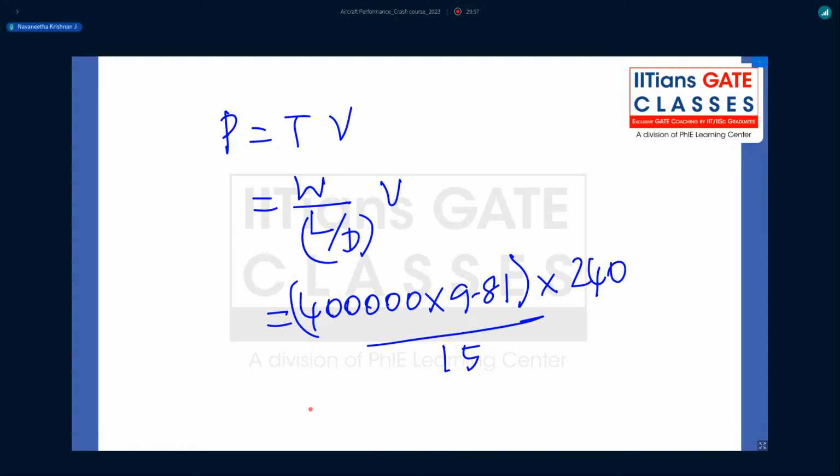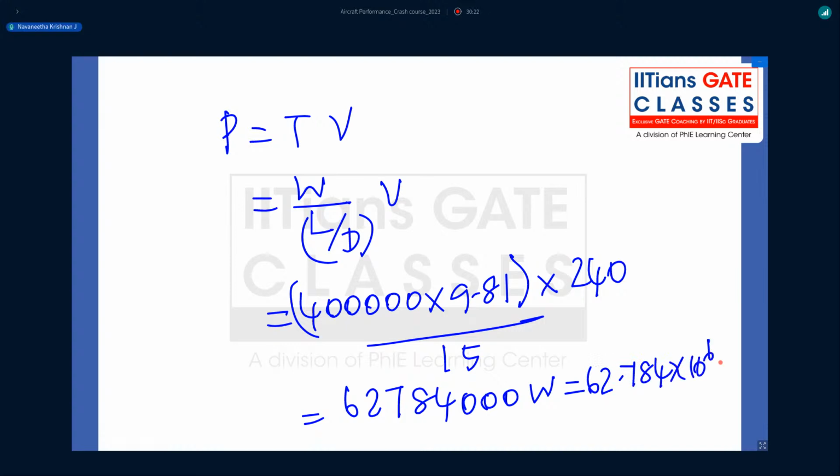So we get power as 62,784,000 watts. If I have to get it in megawatts, then it is 10 power 6 watts. So it is 62.784 into 10 power 6 watts.